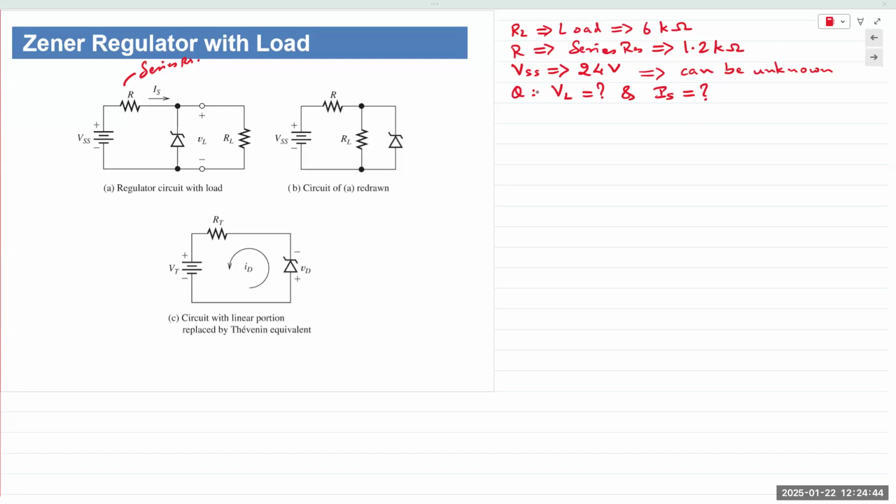All right, let's begin. Because the Zener diode is a nonlinear device, we need to first find the voltage that is being applied to the Zener diode. The supply voltage is not connected directly to the Zener diode. So what do we have to do?